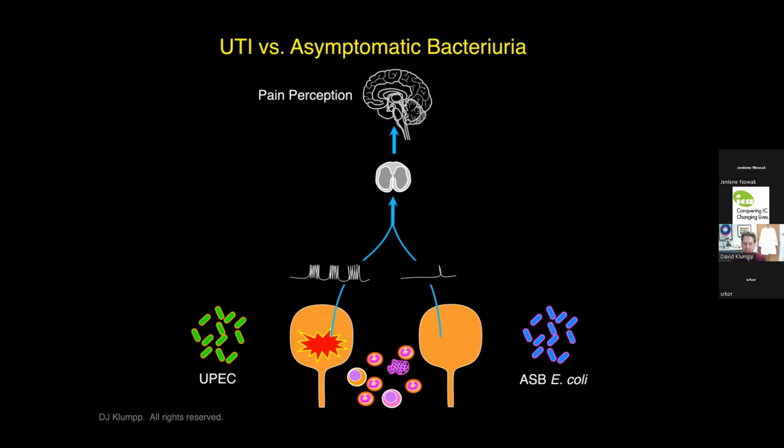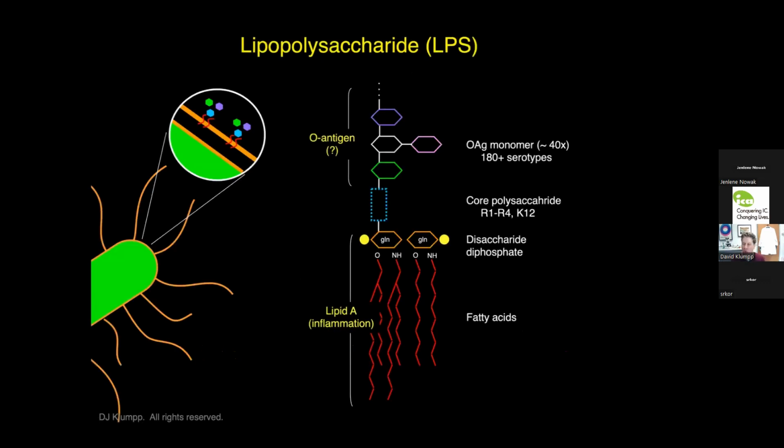Hence the asymptomatic aspect. So we were interested in the difference between these two. We have a bunch of E. coli in the bladder. We have inflammation that's comparable, but very different symptomatic responses. We looked at a number of different factors and then eventually identified LPS as the factor mediating this pain response.